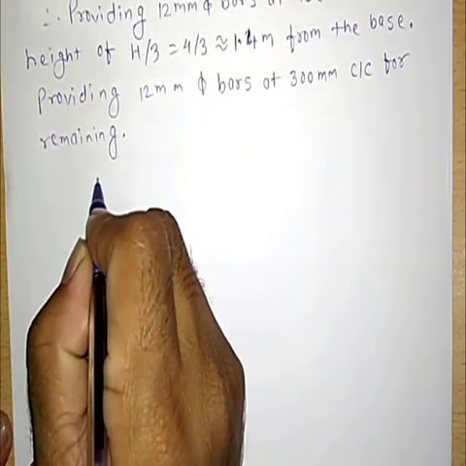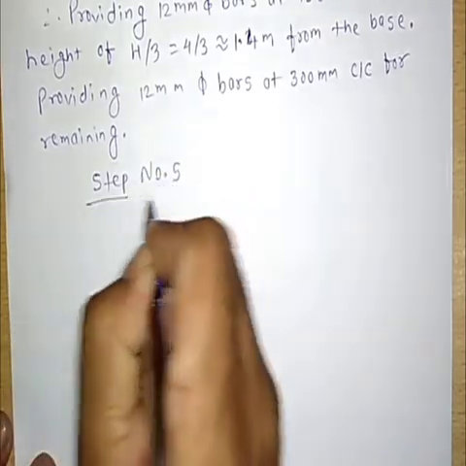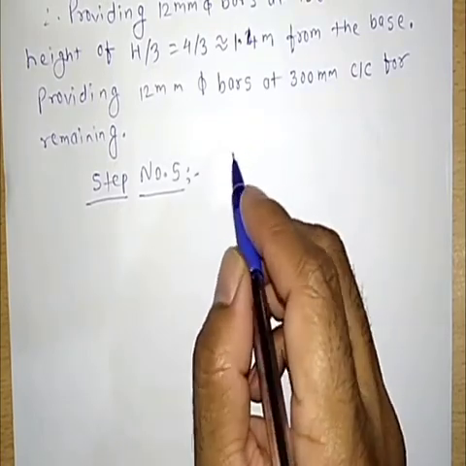Now step number 5, that is design of section for hoop action.